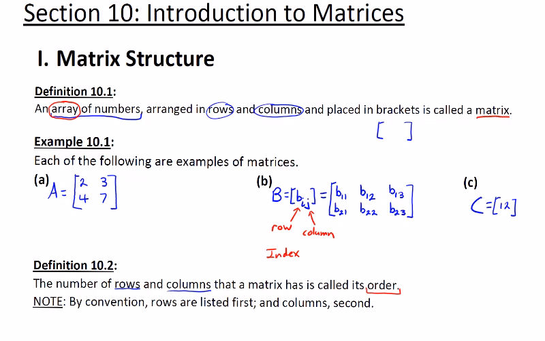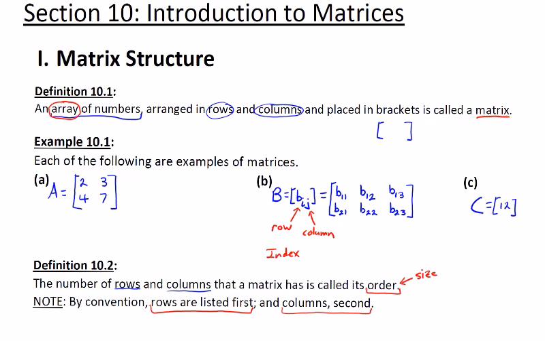Now I want you to think of order as basically the size of the matrix. It's effectively what it is. It's just the size of the matrix. And the convention is that you will always put the row listed first, and then the column will need to be listed second, which is just like what we do with the indices. We put the row followed by the column for the index, for the subscripts.